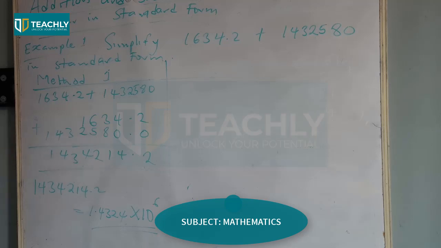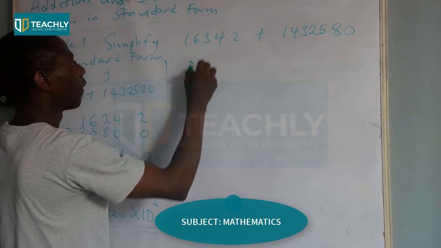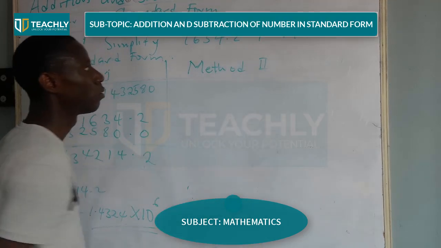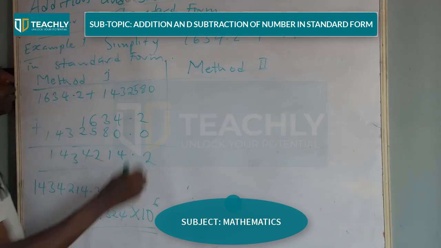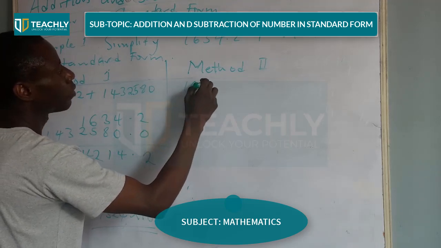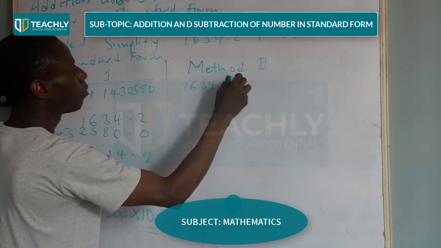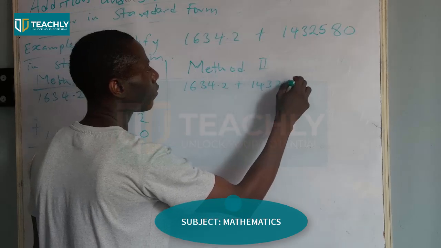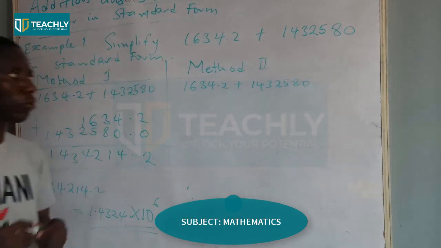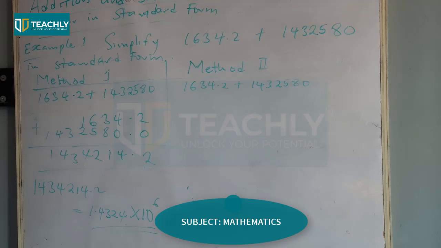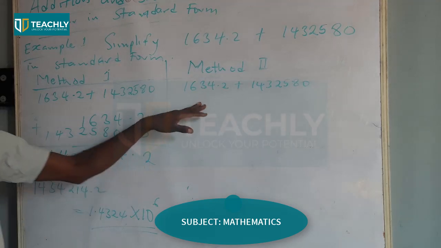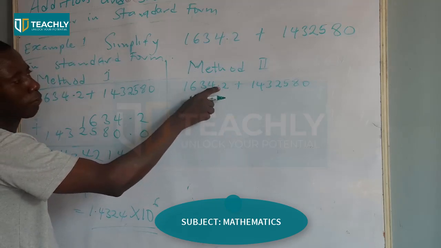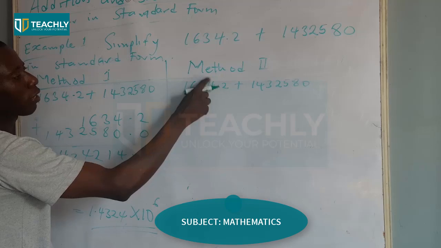Or let's look at the second method, Method 2. For Method 2, if you have 1634.2 plus 1432580, you can first convert each to standard form before you add. So what are you going to do? Shift the decimal point to the back of the first number: 1, 2, 3.